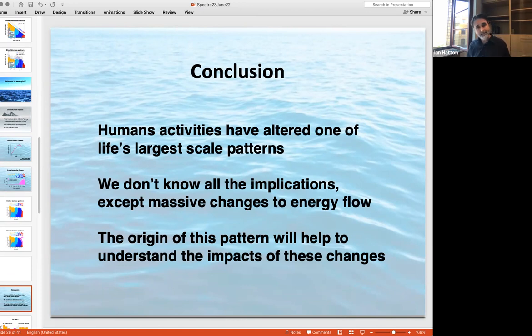But I think a better understanding of the origin can help to understand the impacts that these changes might have. And so I see this discussion could go in two directions, depending on where you folks lean, whether that's towards applied or pure. We could try to talk about some of the implications, or we could talk about maybe the theoretical origins.